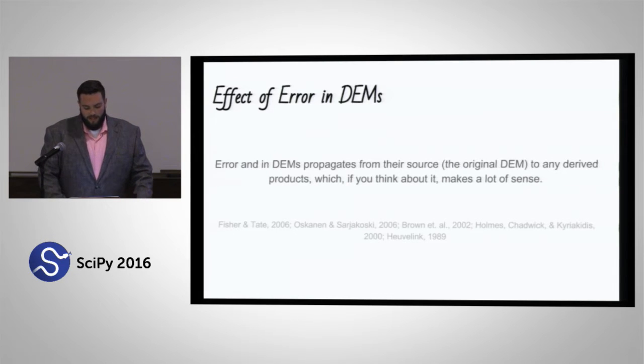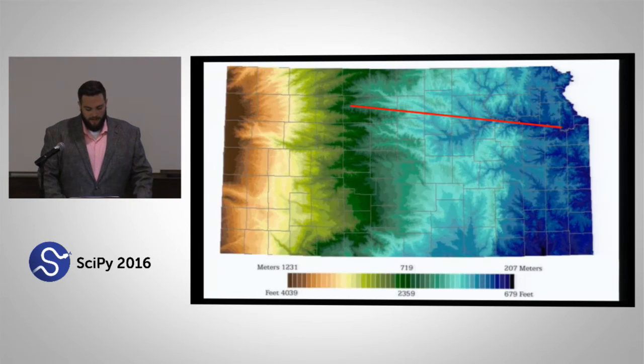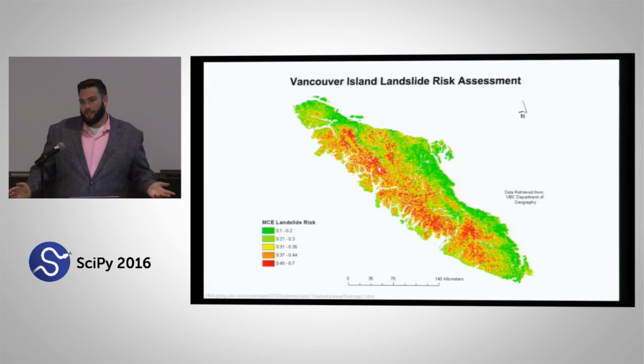It's been widely studied since the 80s, and basically what that means is you might calculate that your stream is going to go this way, but in reality, it's actually going to go that way. Another application that you might be familiar with is landslide risk assessment. Well, if you have uncertain data, you also have uncertain results, and you might be preparing for disastrous landslides in the wrong places.